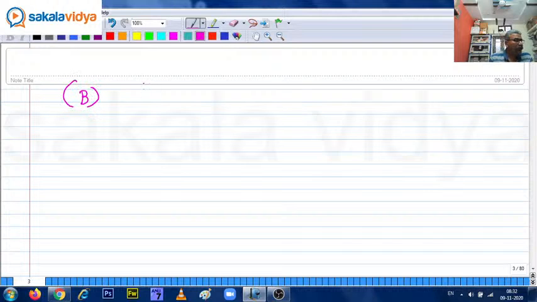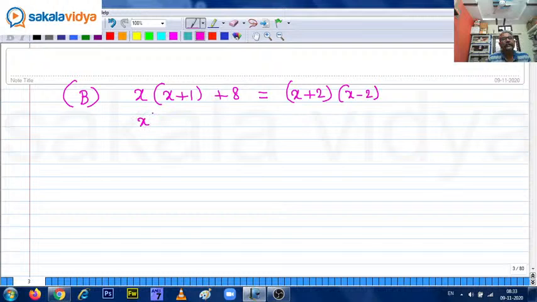What is the B option we have? x times x plus 1 plus 8 equals x plus 2 times x minus 2. Now simplify: x square plus x plus 8 equals x into x, x into minus 2, plus 2 into x, plus 2 into minus 2, that is minus 4.